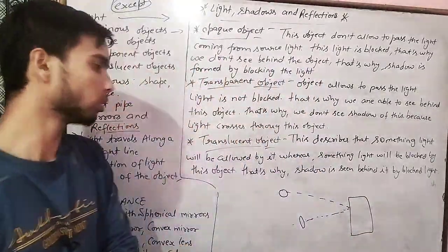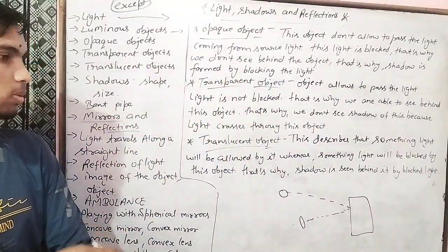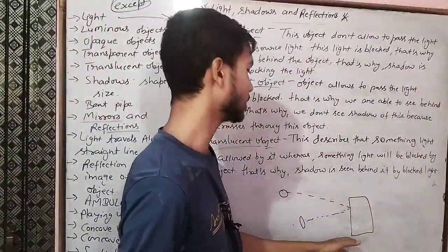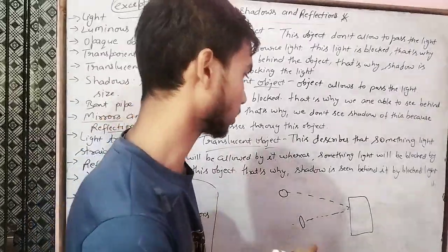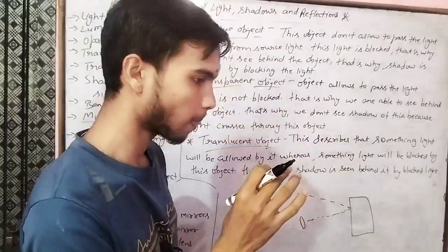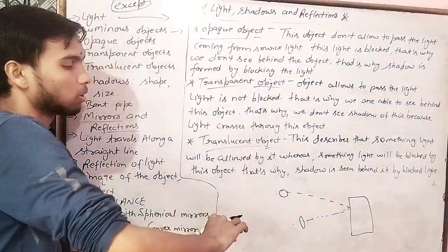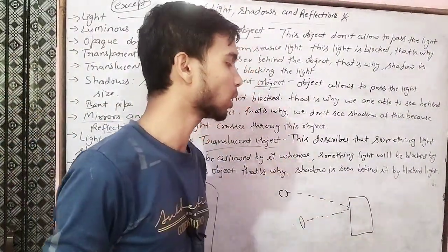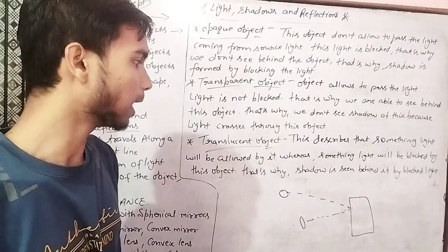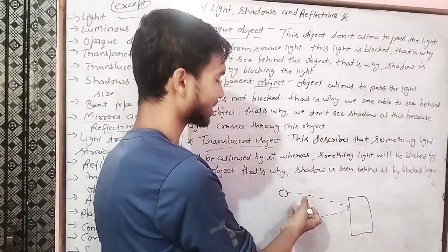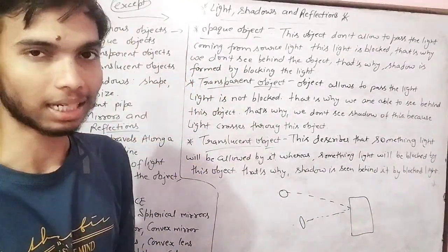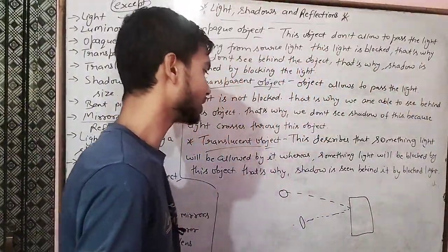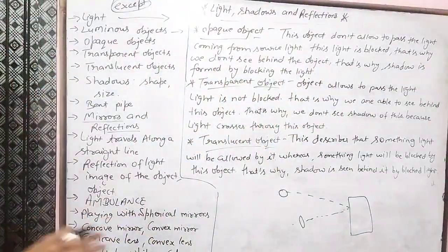So how can it be proved that it is an opaque mirror? We see behind this plane mirror a painted area. The painted area does not allow the light coming from the source to pass.